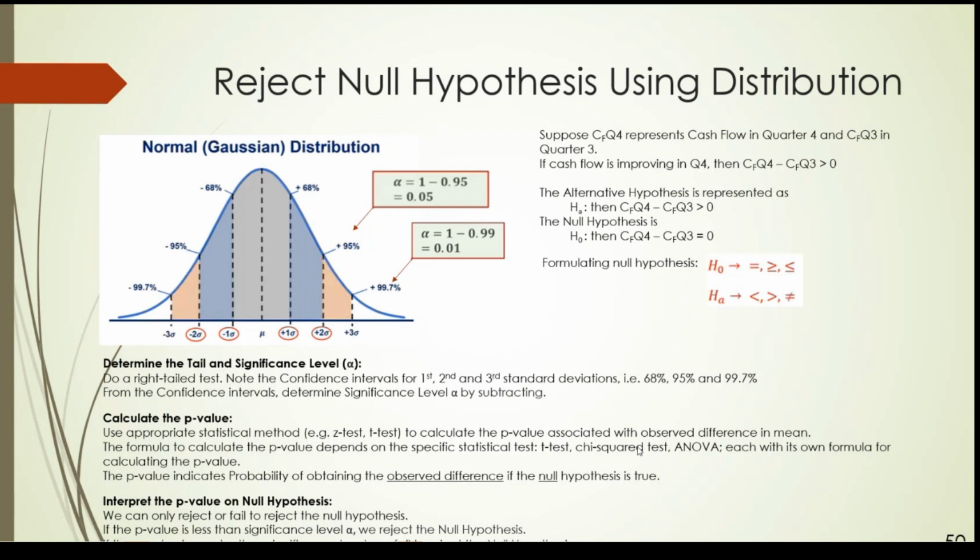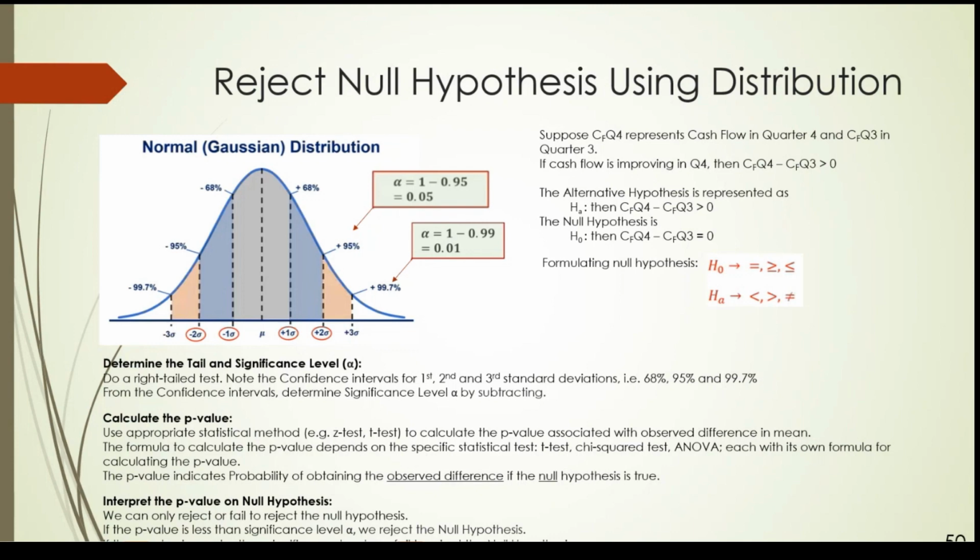So what you must remember, first you figure out the hypothesis. Example here, let's say we have a problem. Suppose that we have cash flow for quarter 4 and cash flow for quarter 3, CF Q4, CF Q3. This is finance, we want to know in quarter 4 whether we make money or not.